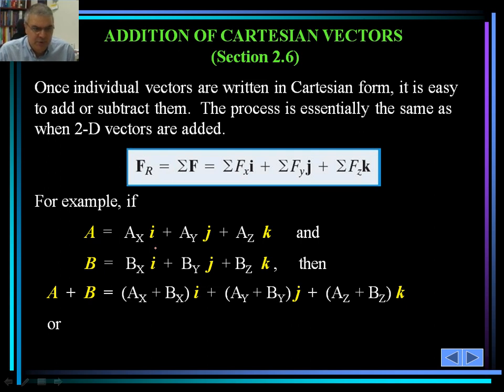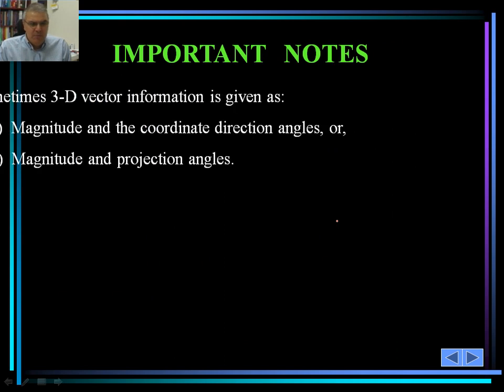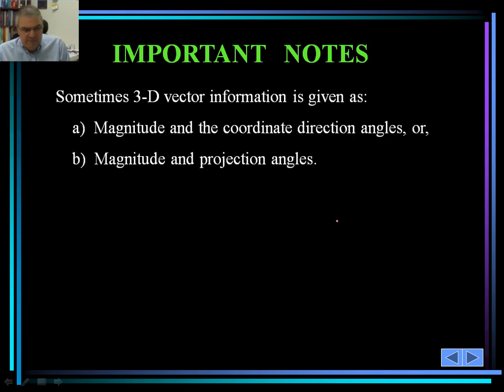And the i, j, k unit vectors also help us. It's going to guide us which components should be added together. And if we want to simply subtract B from A, we follow the same type of procedure. Instead of addition, it would be a subtraction.